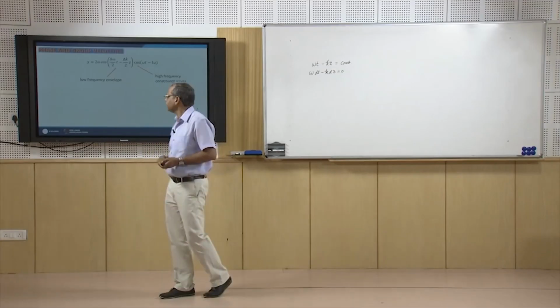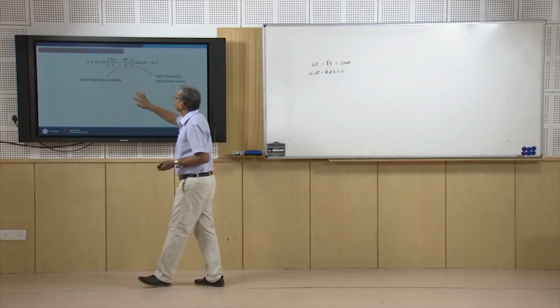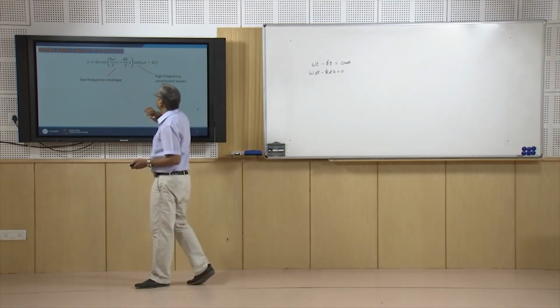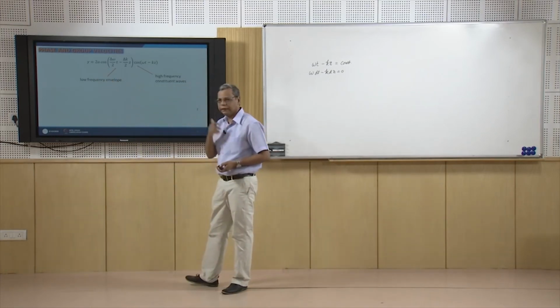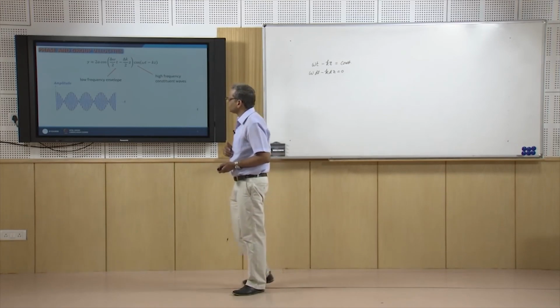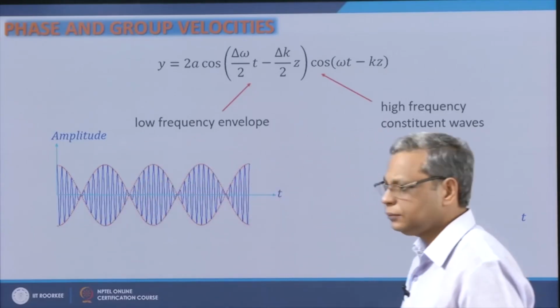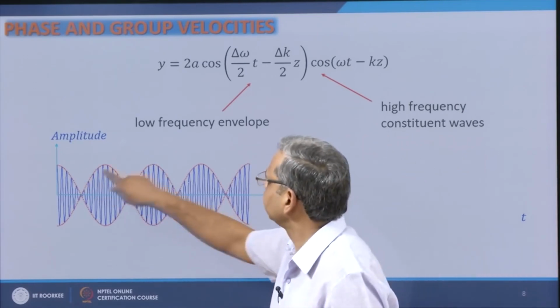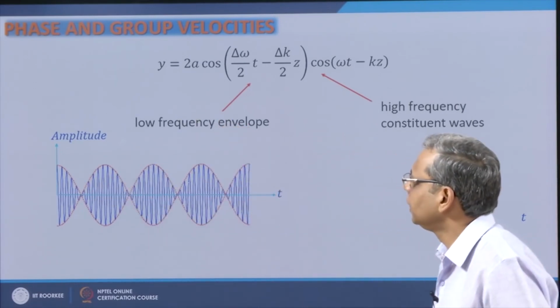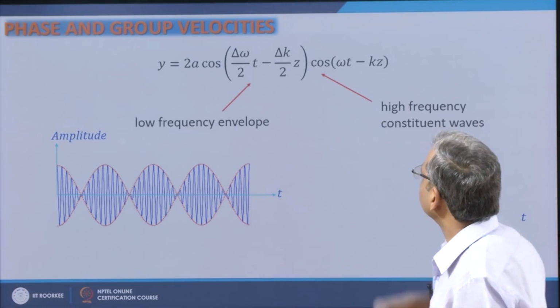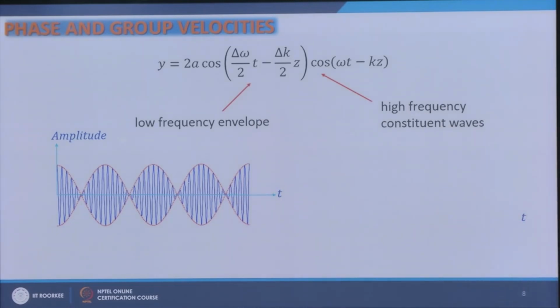If I plot this y now as a function of t for any given z, what do I see? The amplitude goes something like this. So, I have this red one is the envelope, low frequency envelope, and the blue one is the high frequency constituent waves.